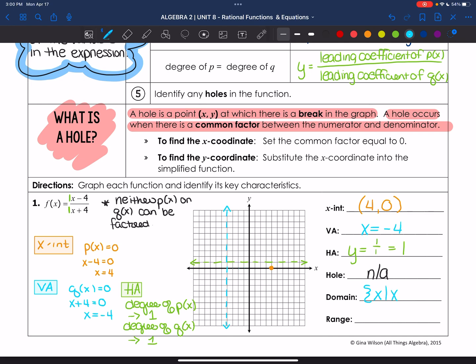It's just going to be all those values except -4. And looking at our horizontal asymptote can help us with finding our range. It's all those y values as long as we do not allow it to be 1, because that's where our asymptote is located. Then, ladies and gentlemen, we just use our handy-dandy graphing calculator to help us get some nice, pretty points that we can plot and connect.